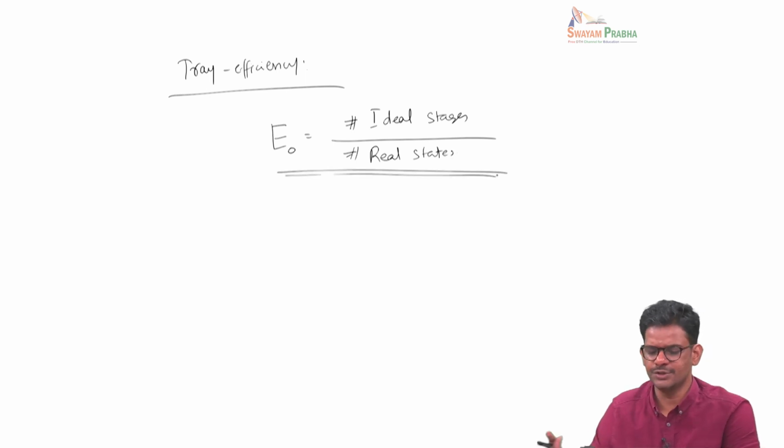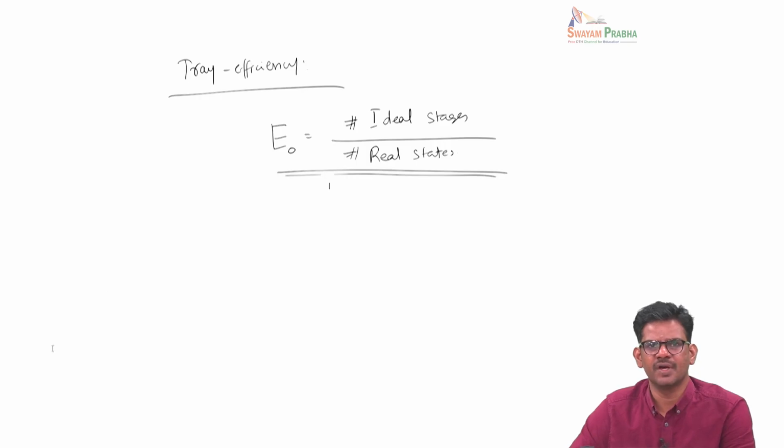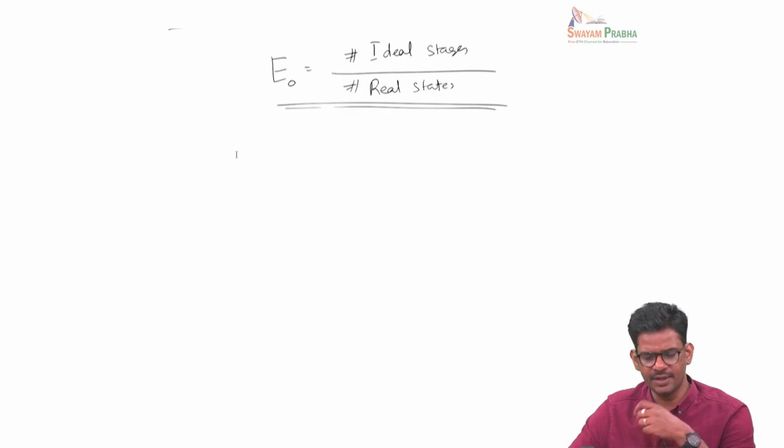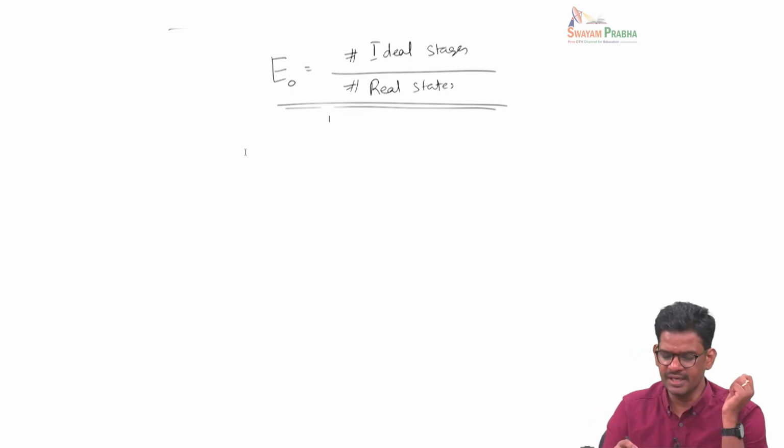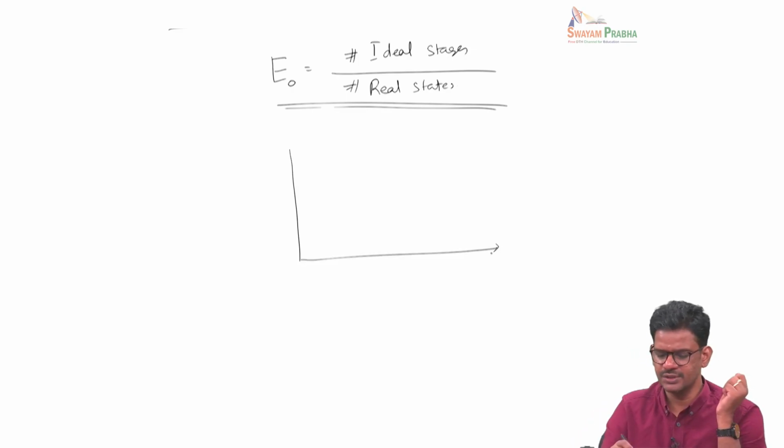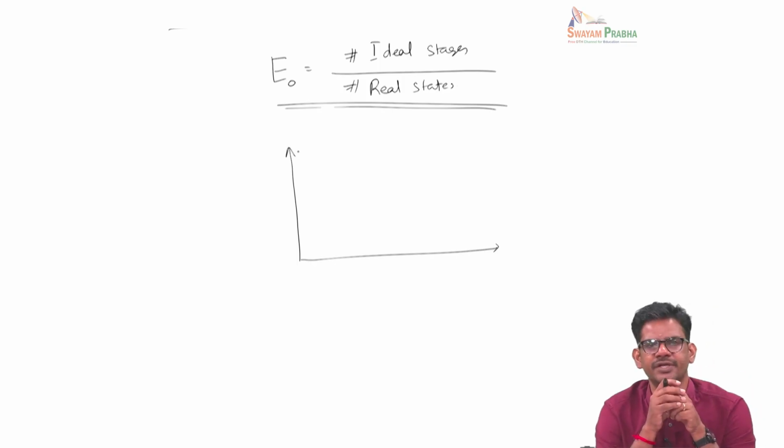The calculation of overall tray efficiency is a little bit tricky and quite involved, but there are empirical data available, like we discussed in the case of absorption column tray efficiency.